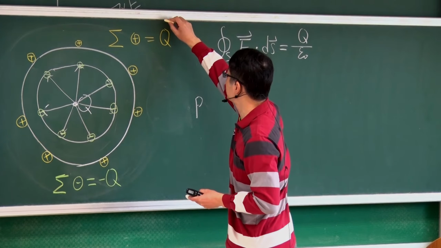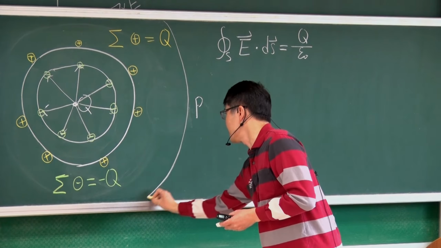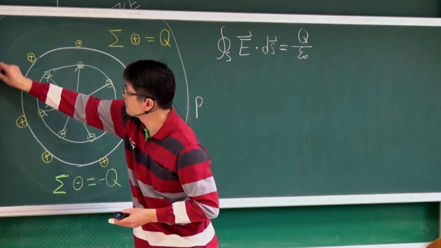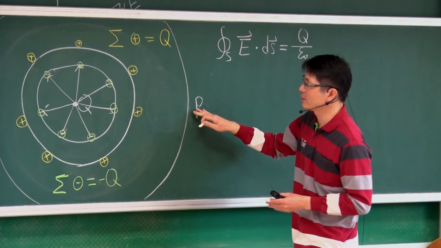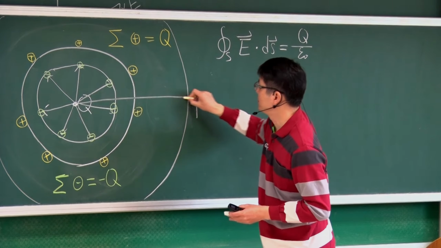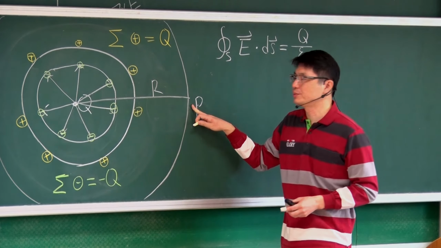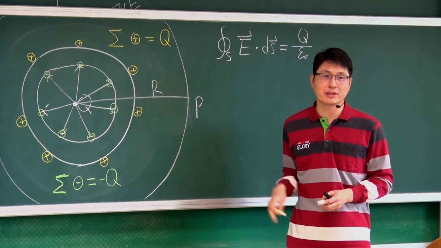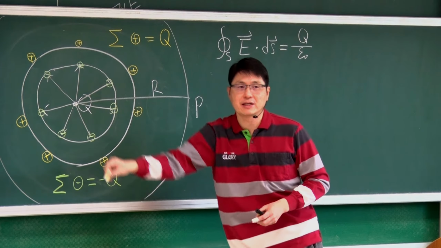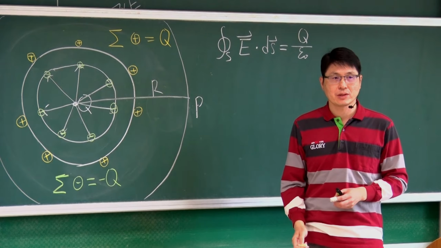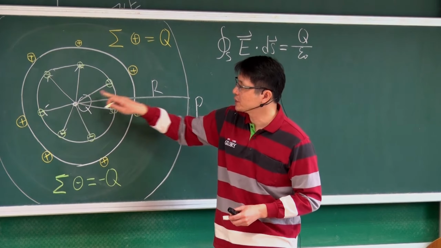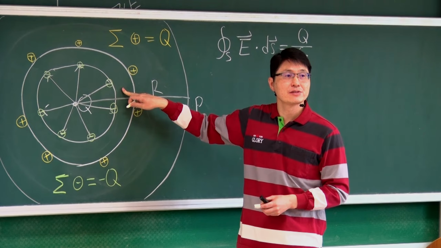So I should be using a very big sphere, right? So the radius is r, starting from the charge all the way to my observation point. That's my radius. And I have a very big closed surface to include the charge as well as the shell.